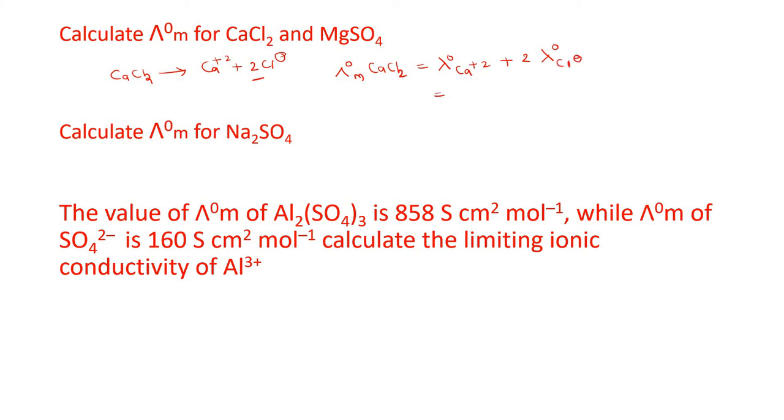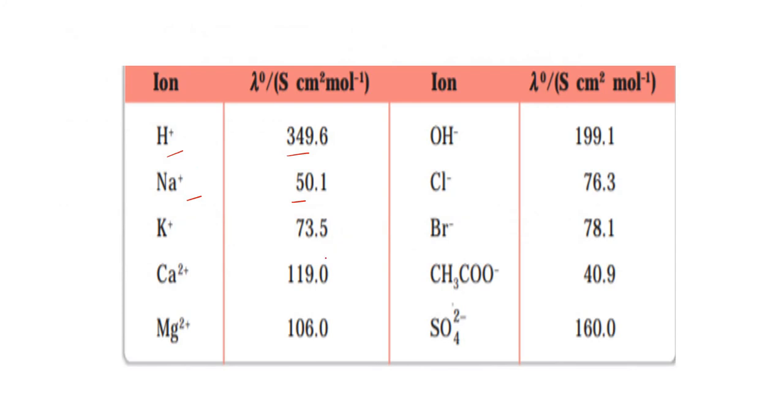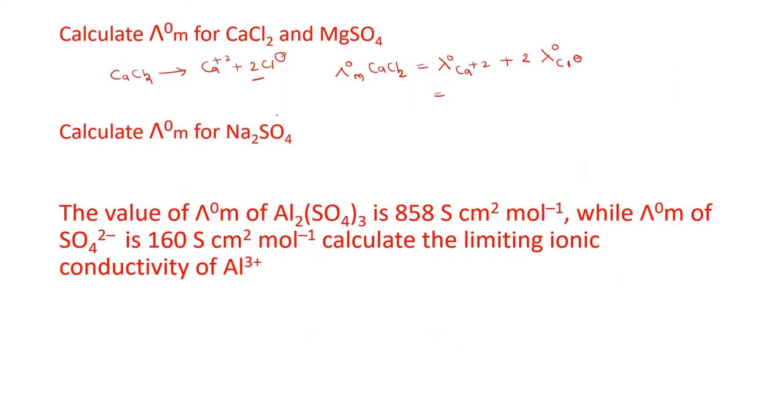How much is it given? You have to observe from the table. Calcium, how much is given? 119. Chlorine, how much is given? 76.3. Let me see now. I am substituting here 119 plus 2 into 76.3. Now when you do the mathematical operation, we get 119 plus 76.3 into 2.